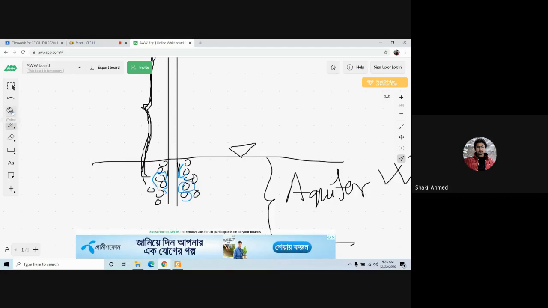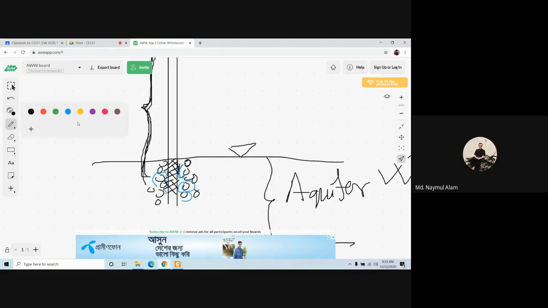So that's why you need to have a screen here. That means it will have some openings, and these openings will allow only the water to pass through, but will stop the particles from entering. Am I right? Yes, sir. So you need a screen so that only water is extracted.